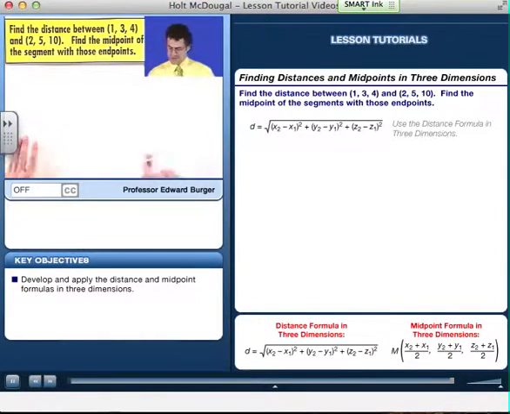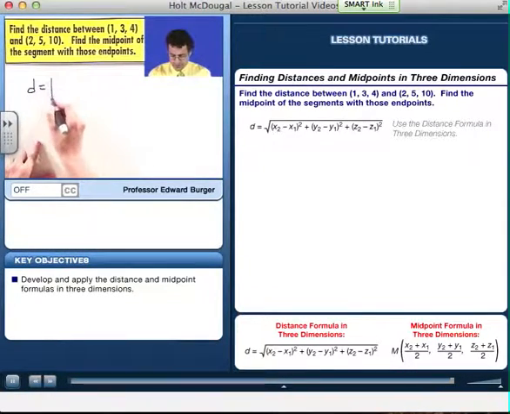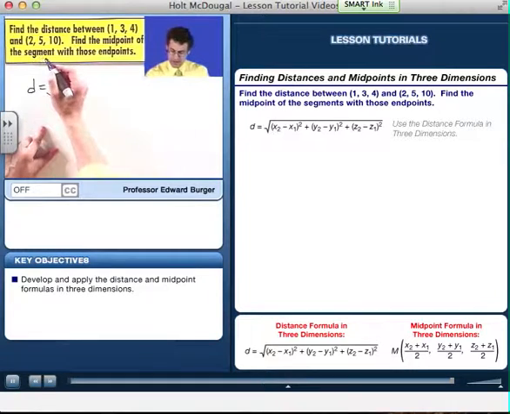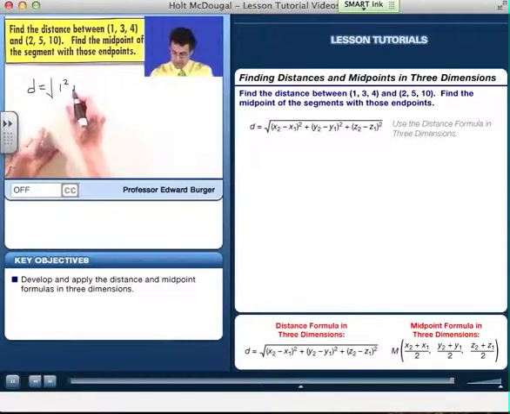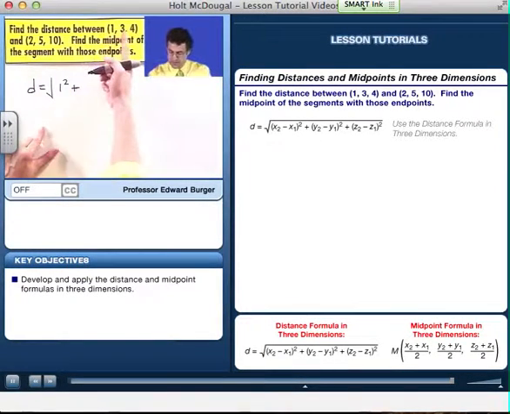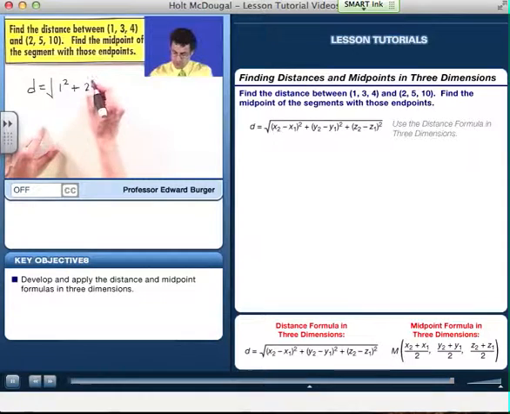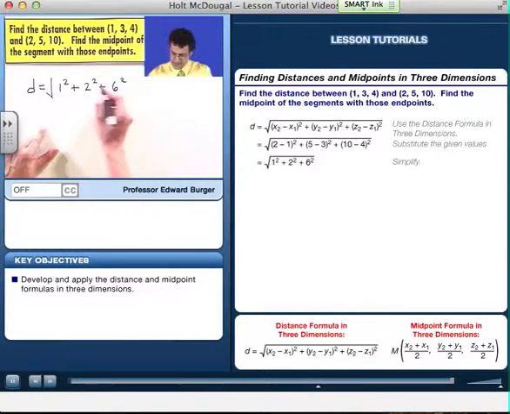So to find the distance, the distance is the square root of, we look at the differences in the x's, so 2 minus 1 is 1 squared, plus 5 minus 3, that's 2 squared, plus 10 minus 4 is 6 squared.